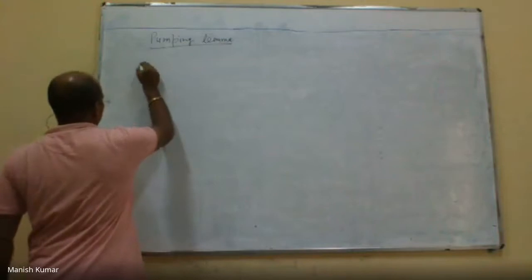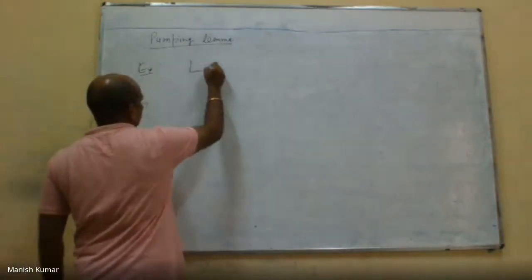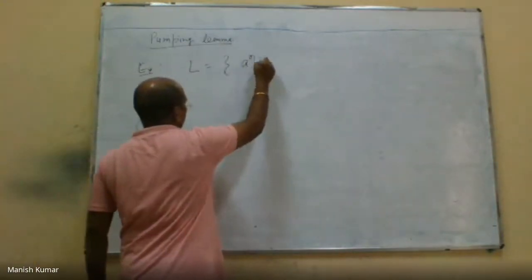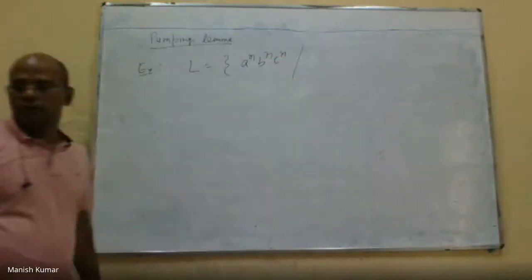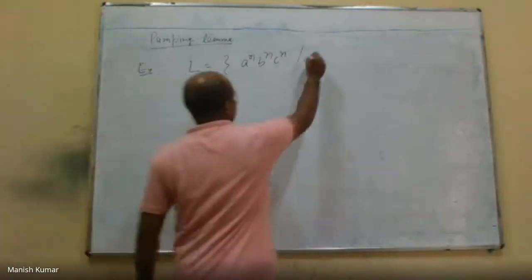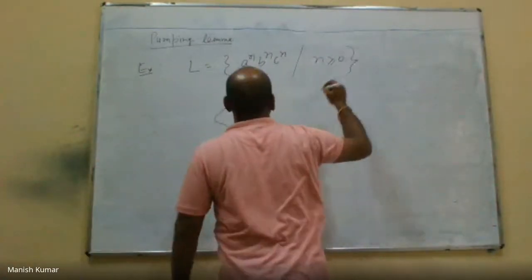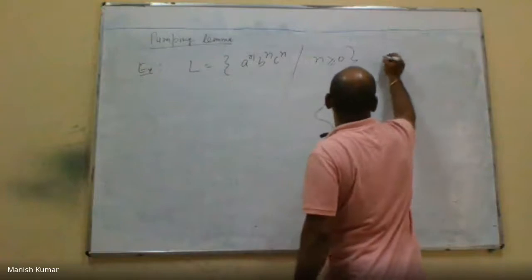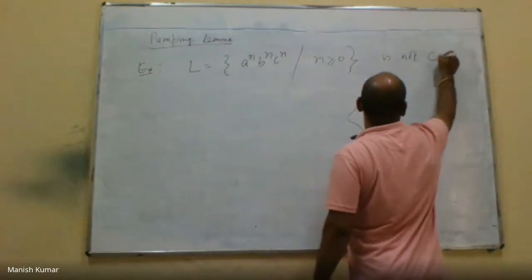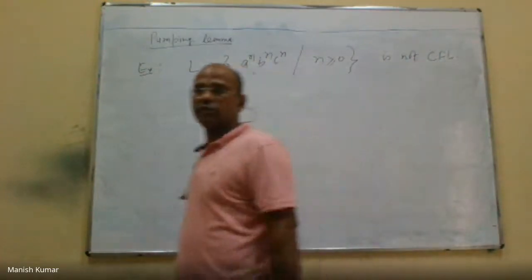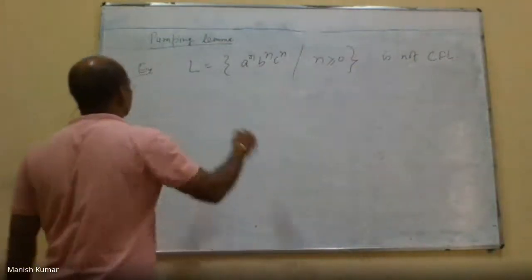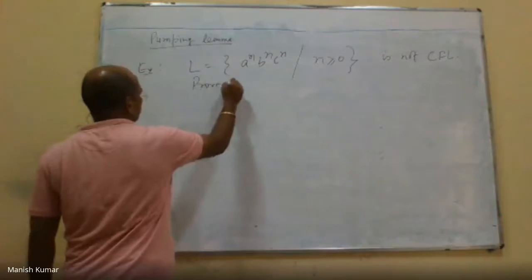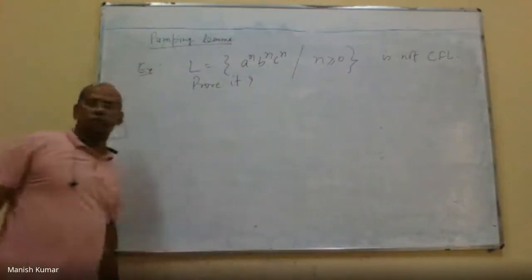Suppose I go for an example: L is a to the n, b to the n, c to the n, n greater than or equal to 0, is not a context free language. Prove it. This is my question.